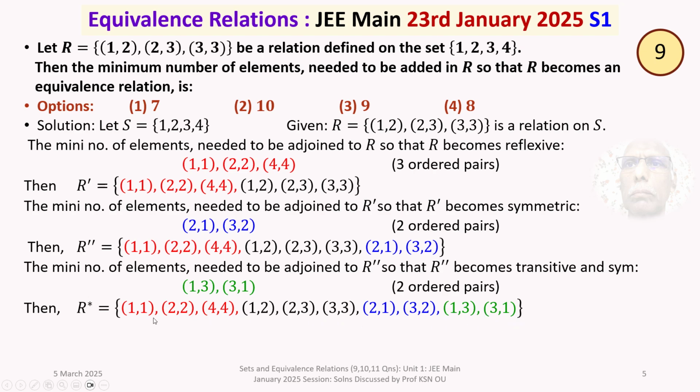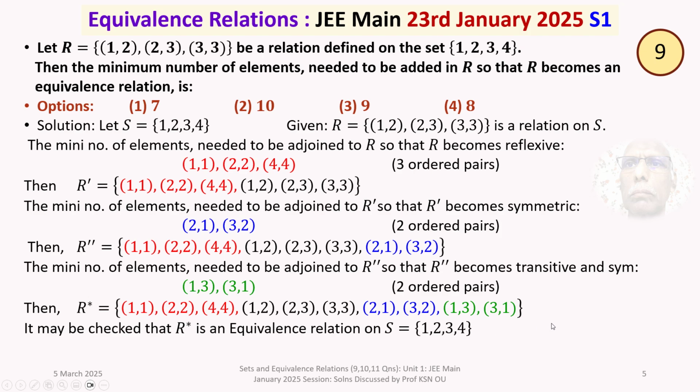So now it is an equivalence relation. You can check reflexivity and symmetry. Symmetry is also there, and transitivity is also there in this. Thus it is an equivalence relation. So it may be checked that R star is an equivalence relation on S.